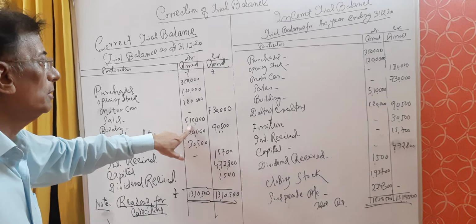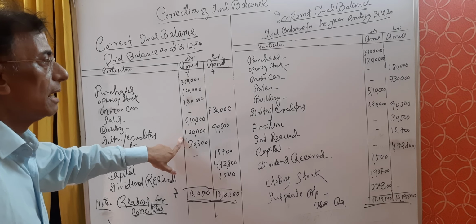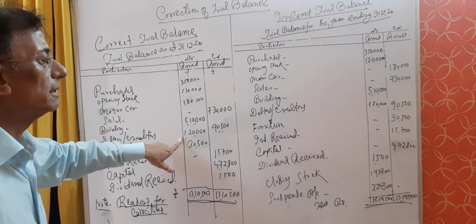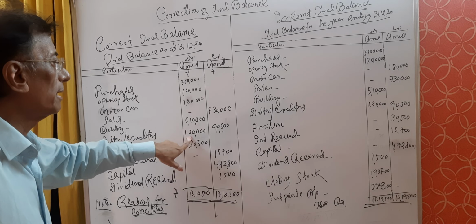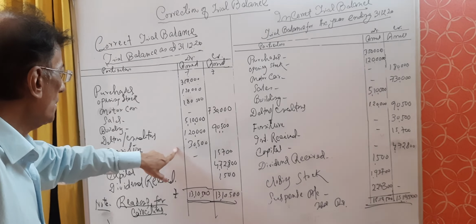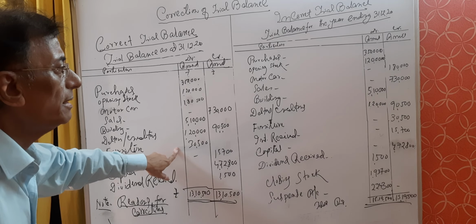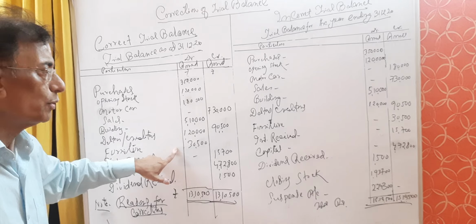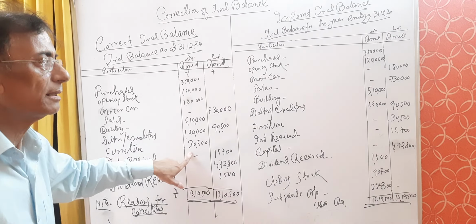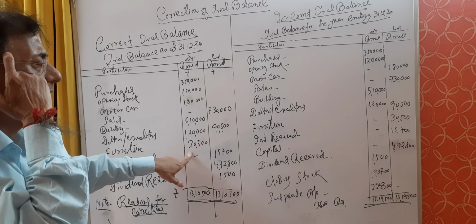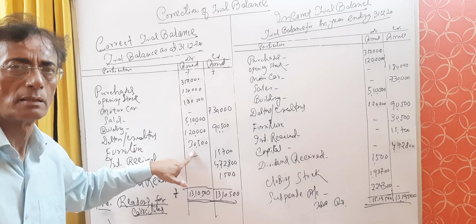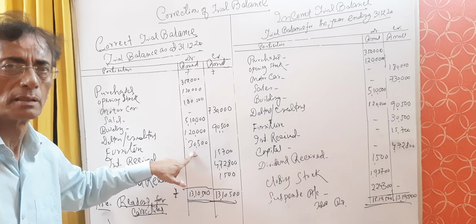Next, debtors and creditors are also in the right position of the trial balance, so it has been written as given: debtors 1,20,000, creditors 90,500. Next, furniture is an asset, so it should be in the debit side, which had been shown on the wrong side, and the value 30,500 is put in the debit side to correct it.